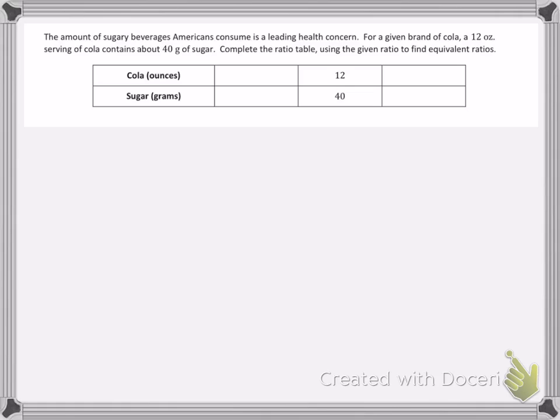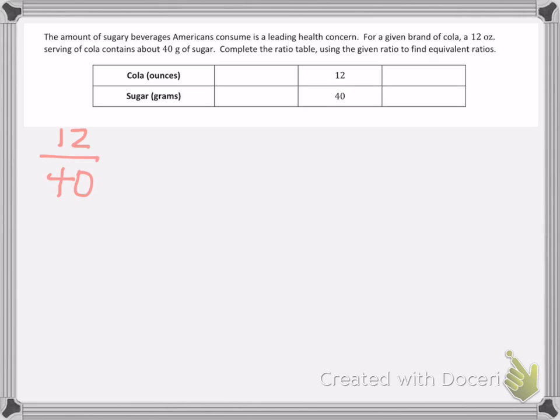Okay, so first of all, we're going to complete this table, and then we're going to put the information in a double number line. In order to find the equivalent ratios, I need to first find the value. So if I think of this ratio as the fraction 12/40ths, I need to simplify that.